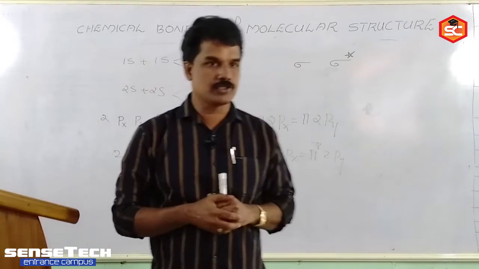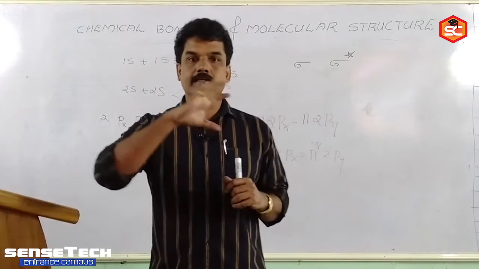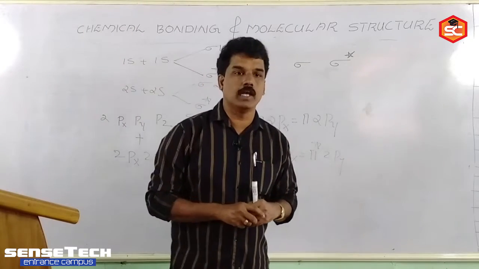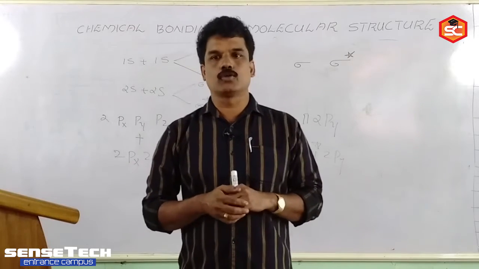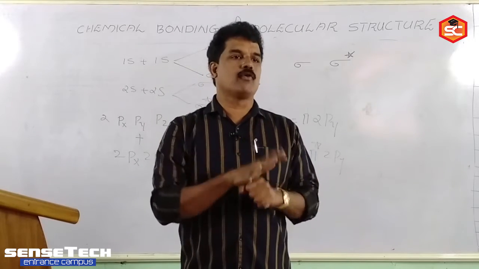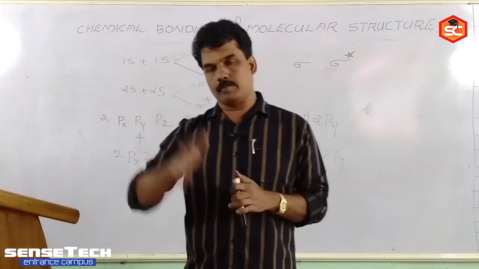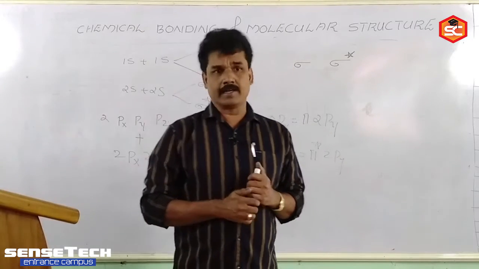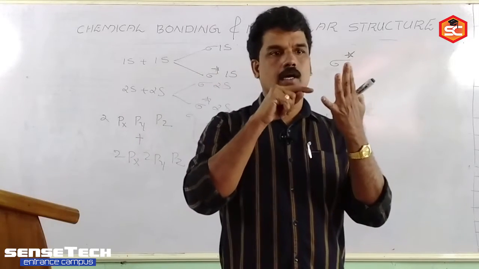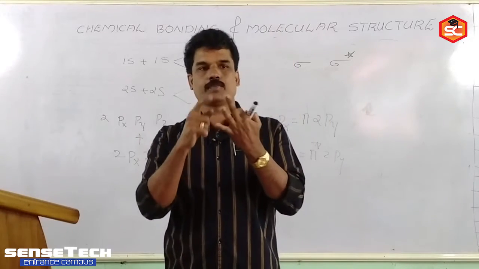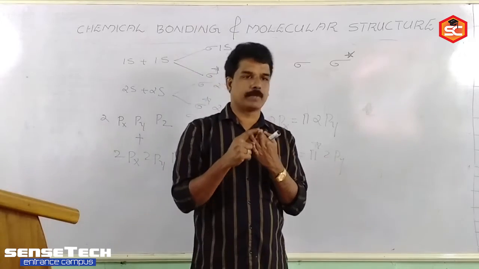Now we have to arrange these molecular orbitals in the increasing order of their energy level for filling electrons. Atomic orbitals 1s, 2s, 2p, 3s, 3p, 3d, 4s, 4p, that you filled on the basis of energy level. When you are filling electrons, you follow Hund's rule, Pauli's exclusion principle and Aufbau principle.